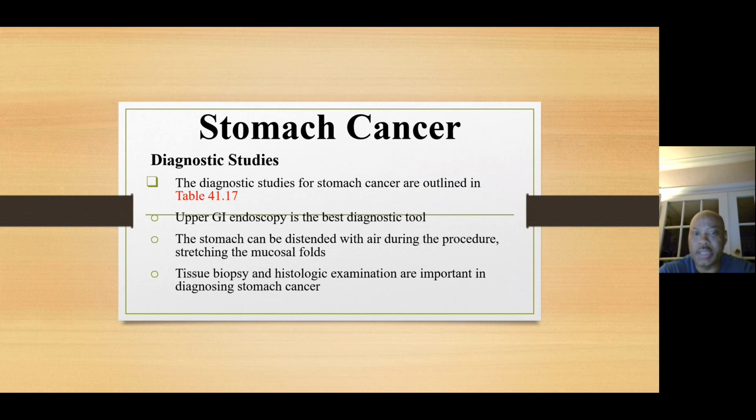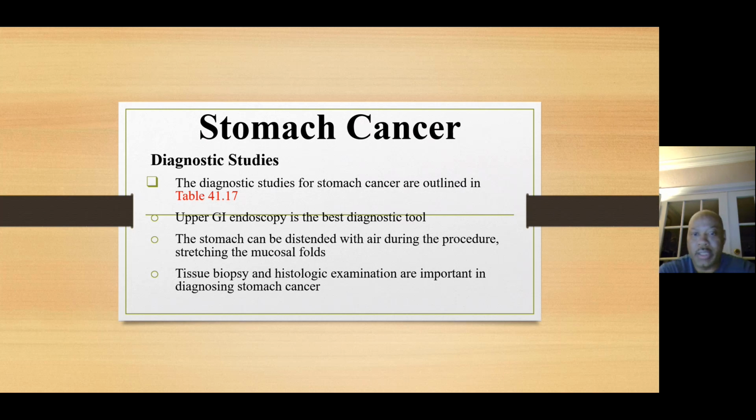During this procedure, the stomach can be distended with air, and so this will allow that stretching of the mucosal folds so that you can visualize everything and don't miss anything. Because you want to be able to extend those folds, just in case that lesion, the cancerous lesion, is hiding in the mucosal folds.